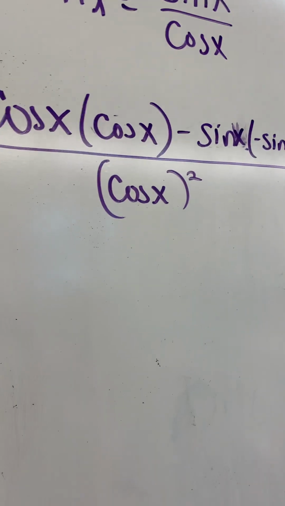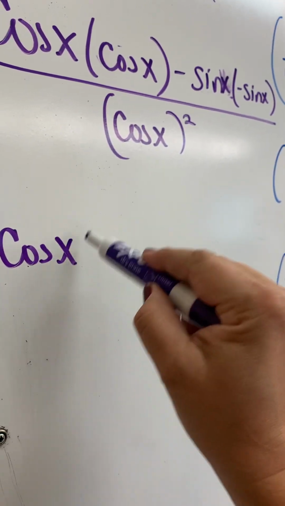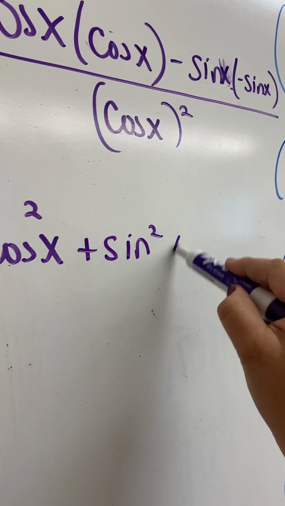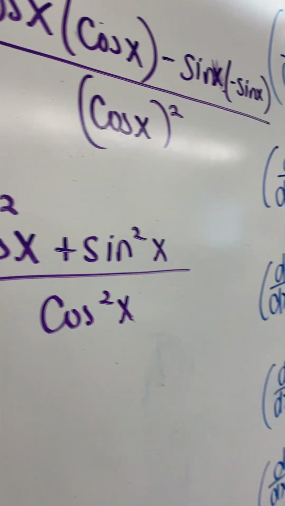Okay? So up top in my numerator, I end up getting cosine squared x plus sine squared x, all over, I'm just going to write that as cosine squared x.